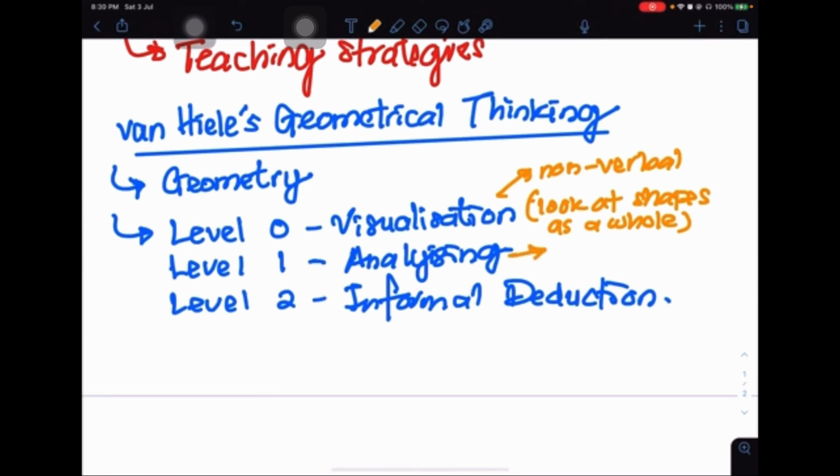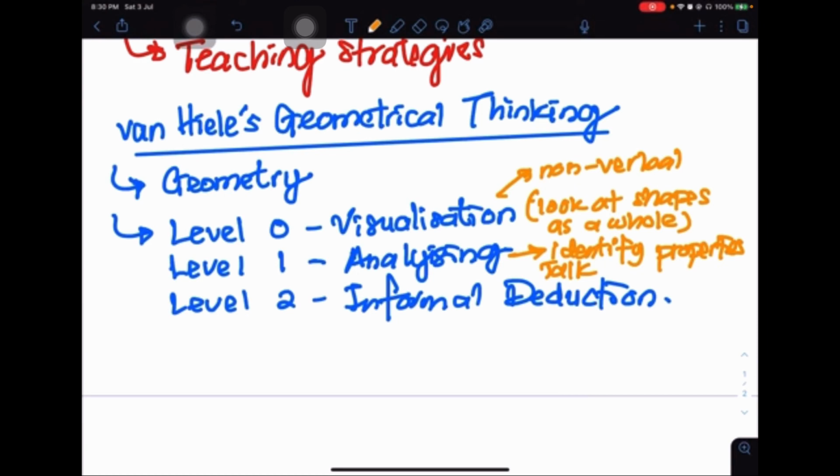Analyzing is where they start to identify properties. They identify the properties, talk about them, and discuss them.